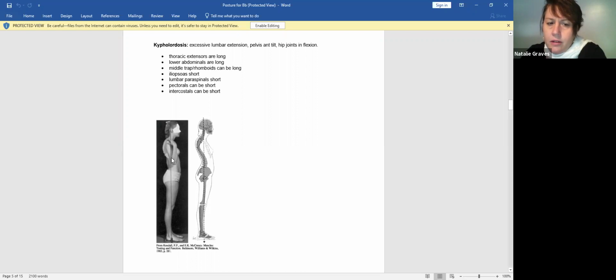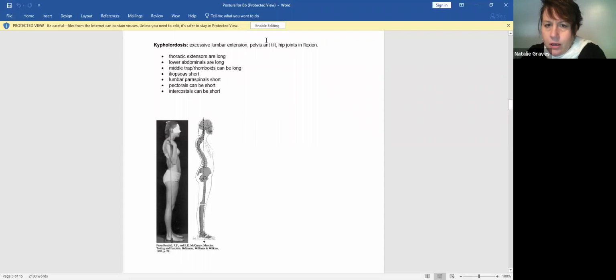Because there is excessive lumbar lordosis here, this correlates with excessive lumbar extension. Lumbar extension will always be producing an anterior pelvic tilt, which will also always put the hips in flexion.